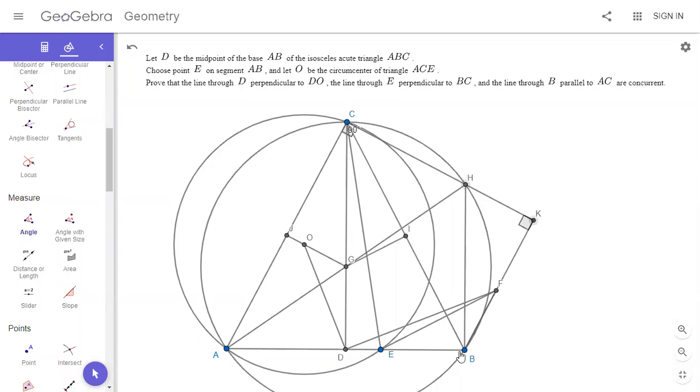Wait, is that right? I think it might be. Let's see. So that's 62.5. Yeah, how do I show triangle BKH is similar to triangle ACH?